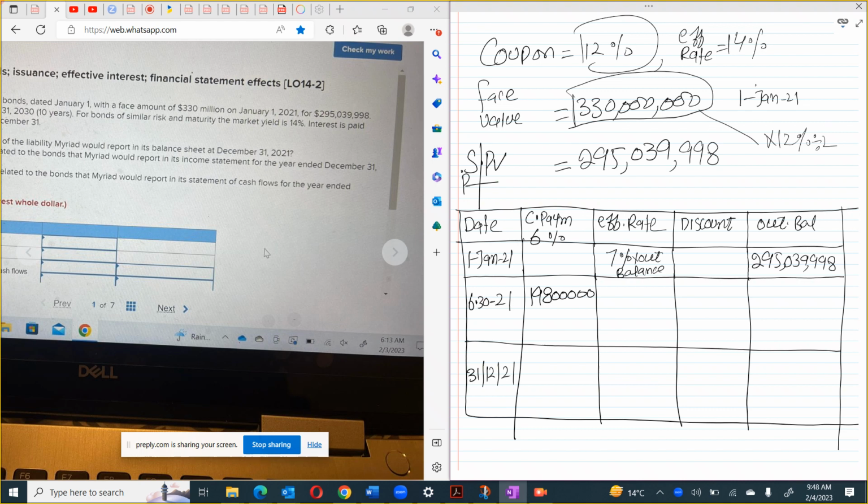Yeah, let's go now. You can click the next one, next to REQ one, there's REQ two. Okay. So he's requiring you to prepare the journal entry to record the issuance of the bonds on January 1st, 2021. Remember, I told you the journal entry at the start.